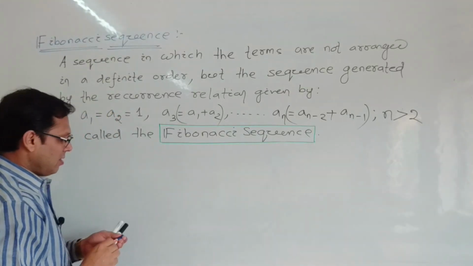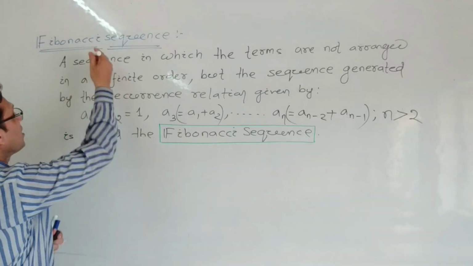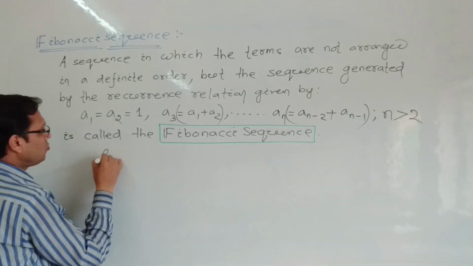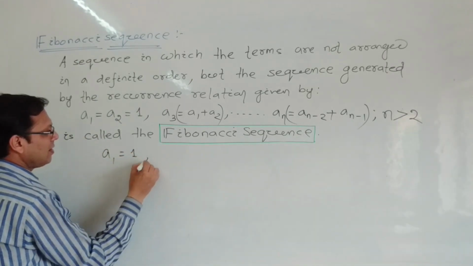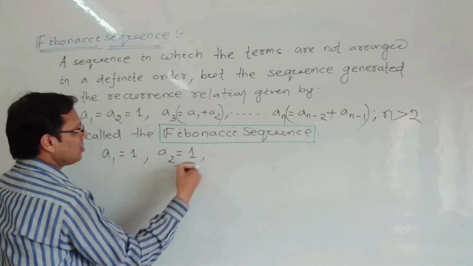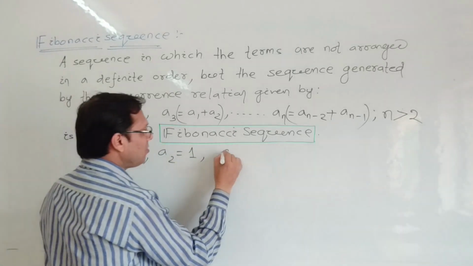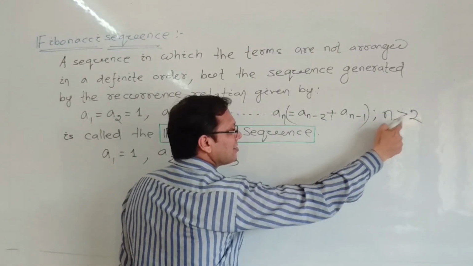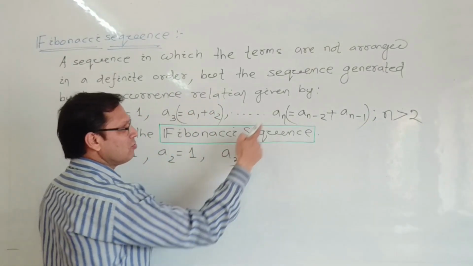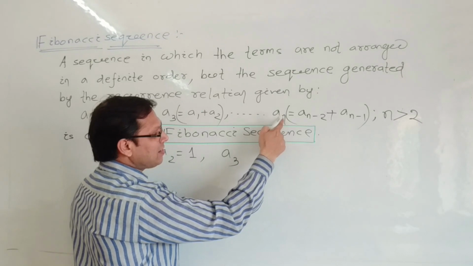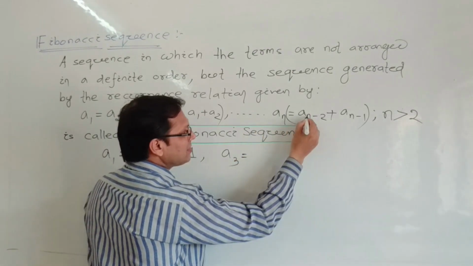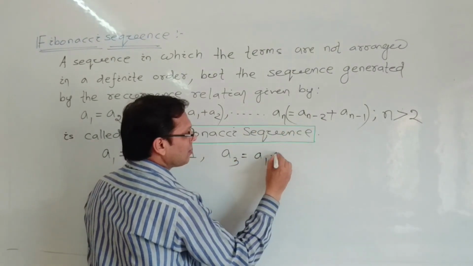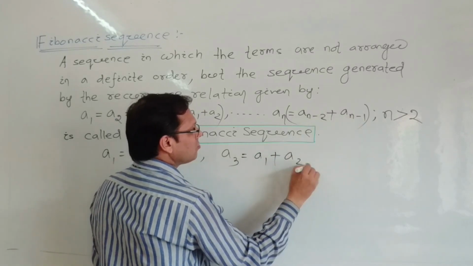Now we will find the terms of the Fibonacci sequence. Here the first two terms a1 is equal to 1 and a2 is also equal to 1. Now we'll find a3. For a3, n is greater than 2, so 3 is greater than 2. When you replace n by 3, you get a3 minus 2, that is a1, plus a3 minus 1, that is a2.